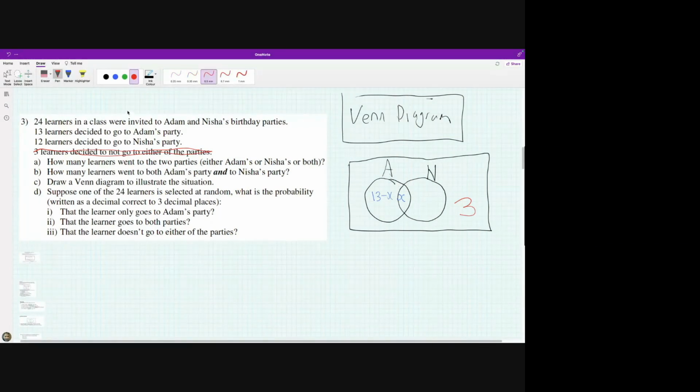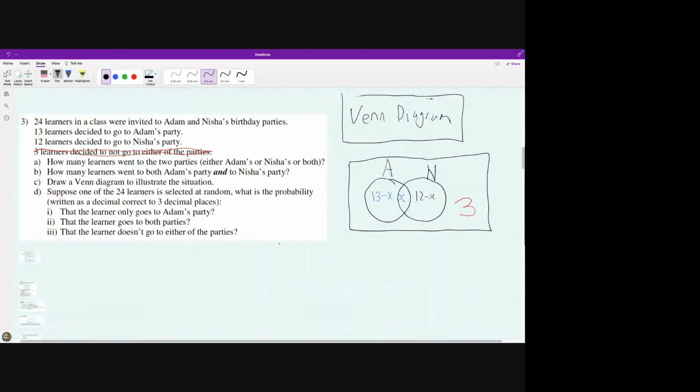So for 12 going to Nisha's party, this is going to be 12 minus X. Now, that is my Venn diagram to start with, but I would really like to know what the X value is. So what do I need to do?